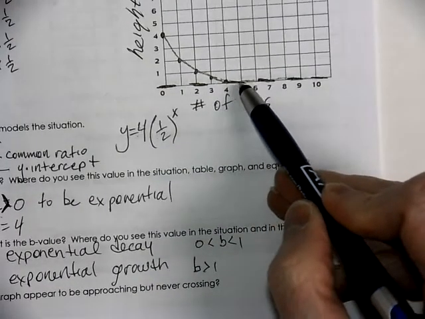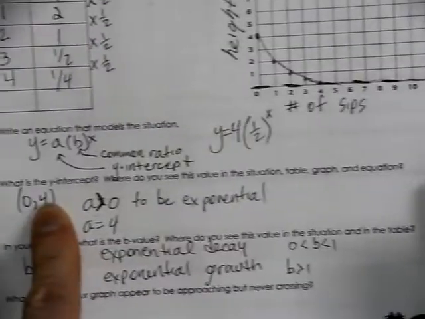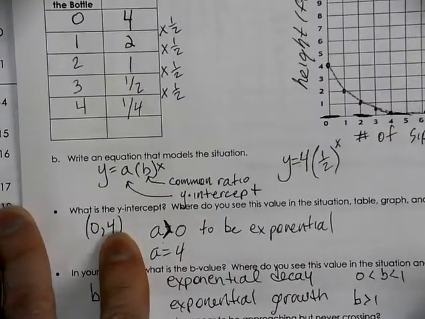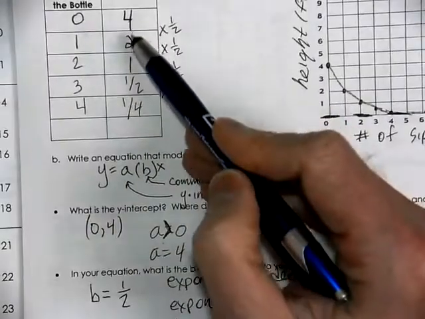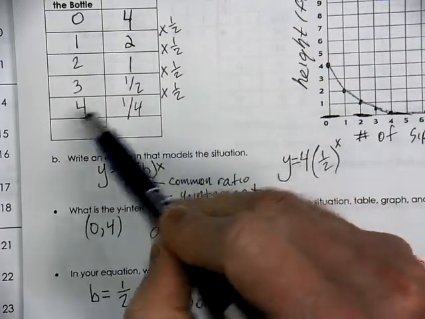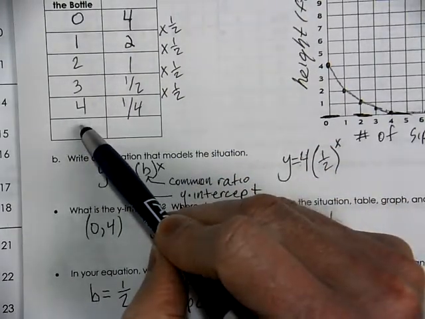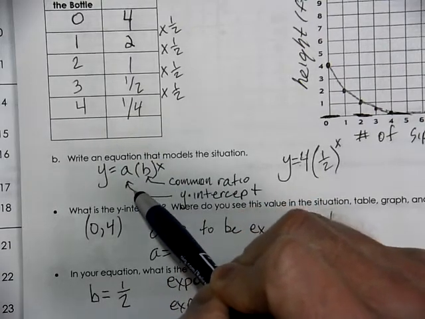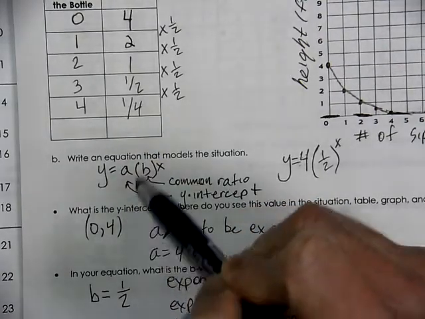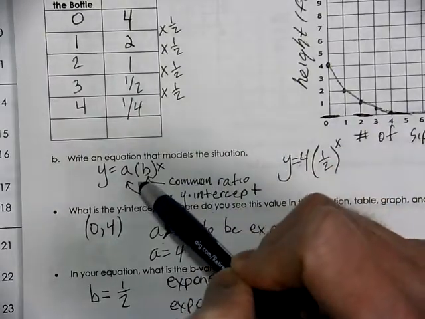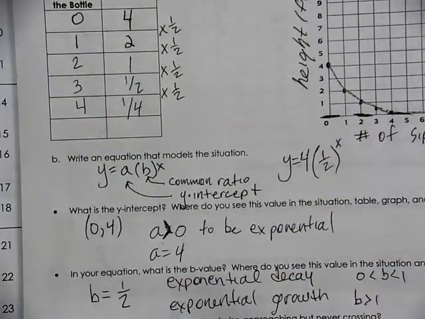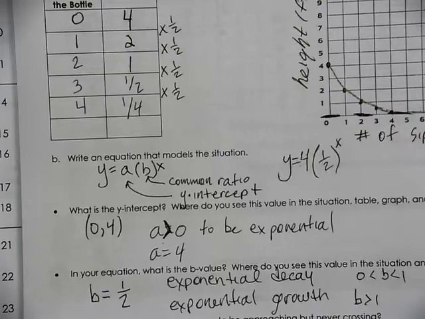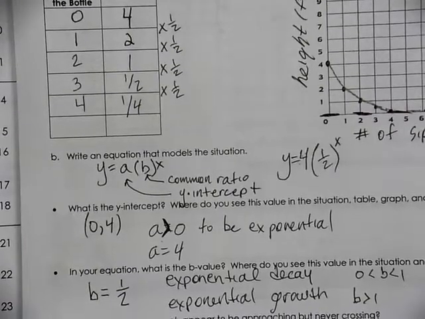We'd get so close, I'm sure we'd bump into it. But over here in our table, a little bit more accurate data, if x was 5, it would be 1/8, and then 1/16, and 1/32, and 1/64. It would keep getting smaller and smaller and smaller, but you would never reach 0. You'd definitely never become negative.